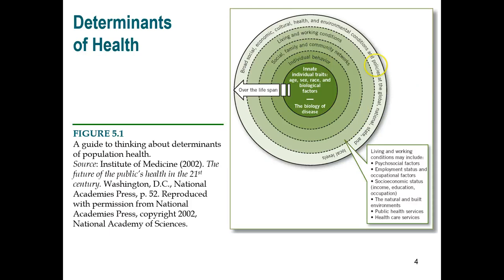It looks at somebody's health and chronic disease risk as per age, sex, race, and biological factors. Then, moving outward, it looks at individual behavior, social, family, and community networks, living conditions, work conditions, and the general health environment where you live.